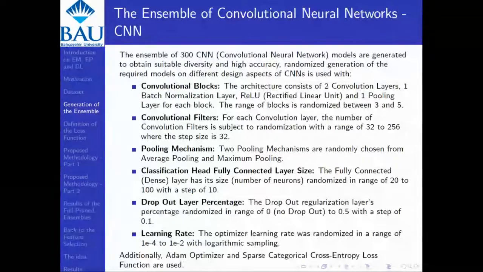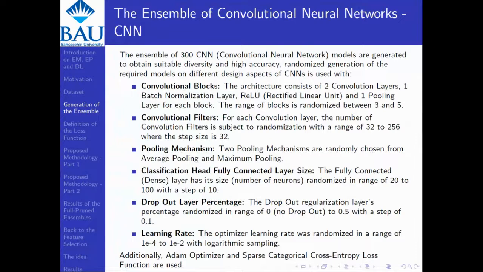So we created a 300 convolutional neural network ensemble. There isn't any specific reason that we chose 300, because we wanted it to be as deep as possible. Our architecture consists of 2 convolution layers, 1 batch normalization layer, 1 rectified linear unit, and 1 pooling layer for each block.